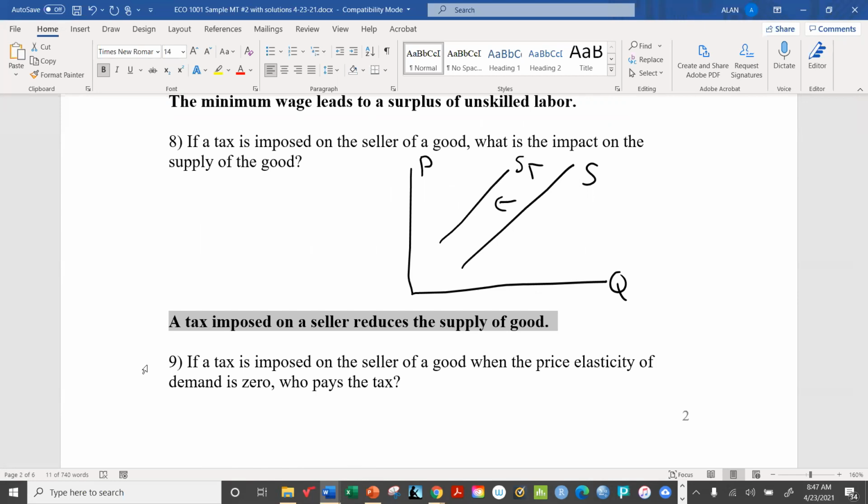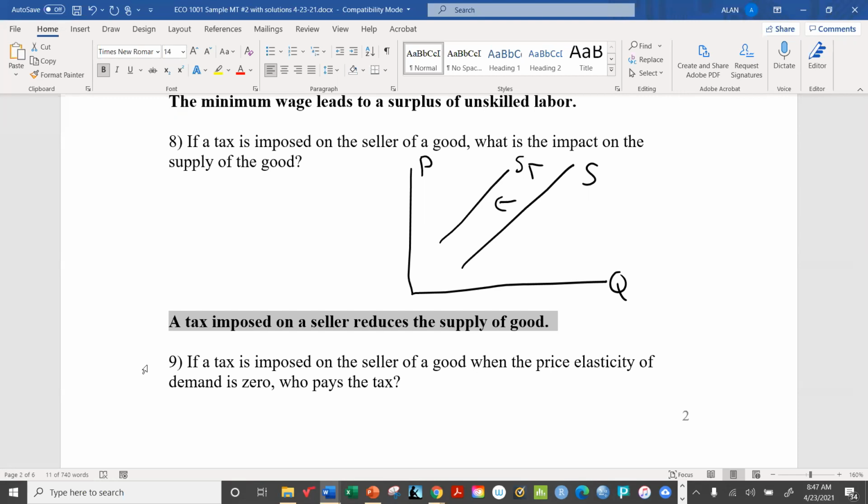Now, sometimes that's the point of the tax, like with tobacco taxes. The reason why the government slaps such enormous taxes on cigarettes is because they're hoping that smokers will quit. And there are also taxes on other things like alcohol, and part of the motivation there is to minimize or discourage the use of alcohol.